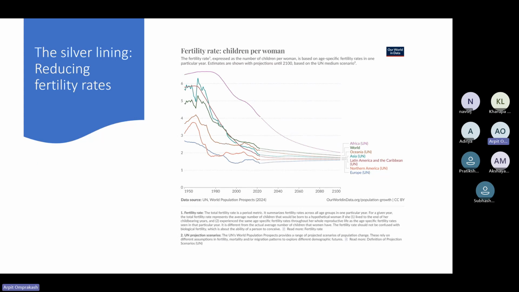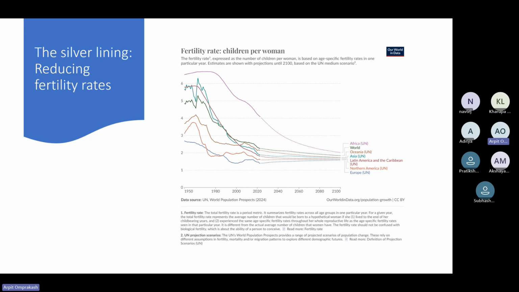The other thing that we see is that across the globe, in different regions, the fertility rate is decreasing. The fertility rate is expressed as a number of children per woman. This is decreasing because more and more people are marrying late, more and more people are getting educated, and more and more people are having fewer children compared to before.